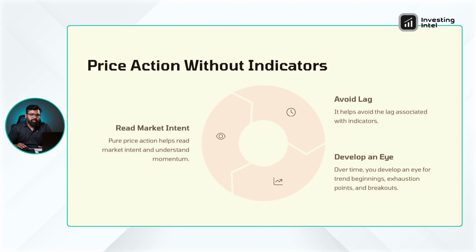Even if you see a very successful trader and investor, even if they have particular indicators on their charts, it is an unsaid thing that they read price action. 90% of their analysis depends on the price action.